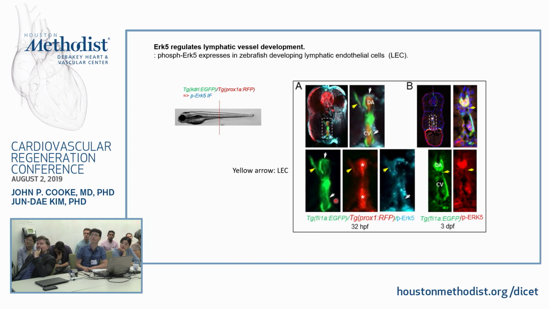These two bright ones are autofluorescence from blood cells. In this image, phospho-ERK5 is expressed in the blood vessel and lymphatic endothelial cells, as early as 32 HPF, as well as in the lymphatic tube here.